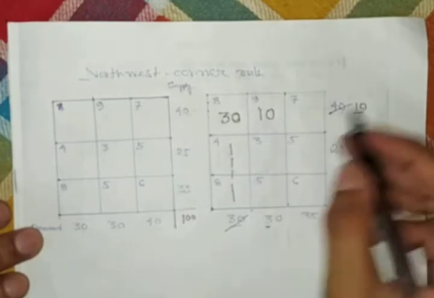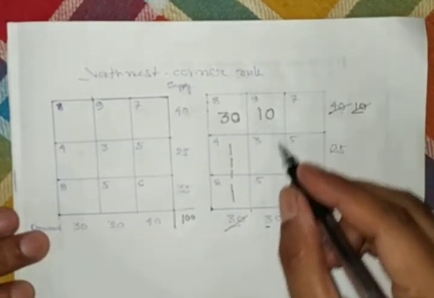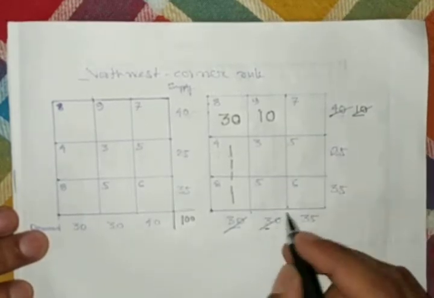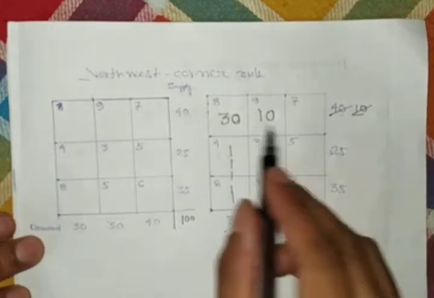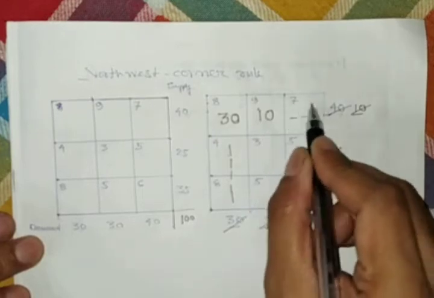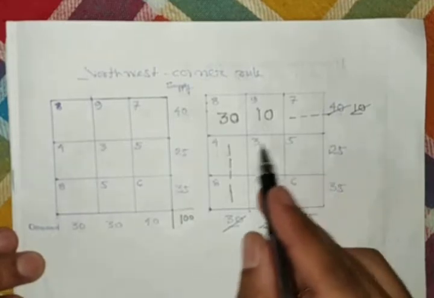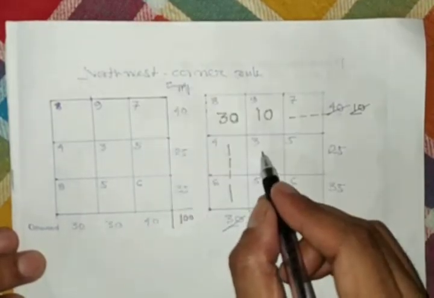If I put 10 here, the supply is exhausted, and in the demand it became 20. In that sense, this row will be exhausted. Next, come to the next northwest corner, it will be 3.